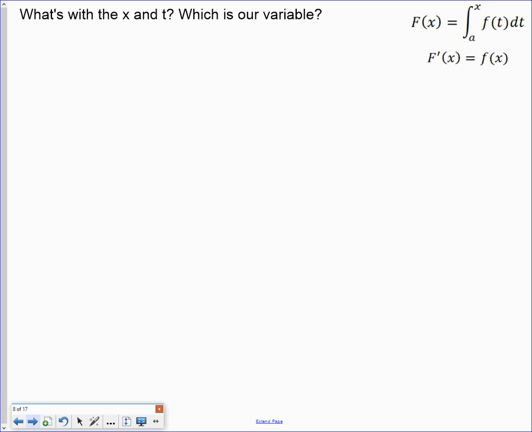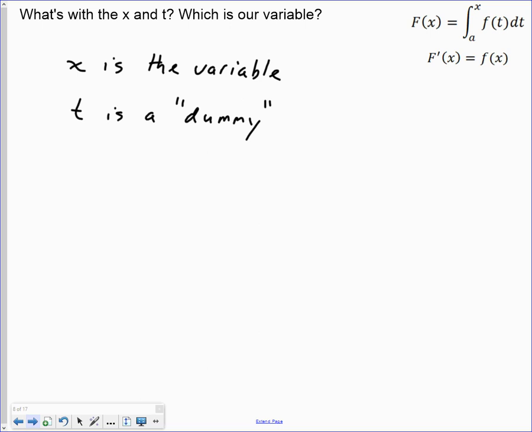What is our variable here? x is the variable. t is what we might call a dummy variable. And we kind of stick it in there so we don't confuse it with the x. If we used x's everywhere, it wouldn't be as clear to us what the x actually means.